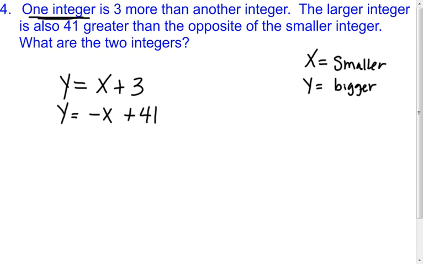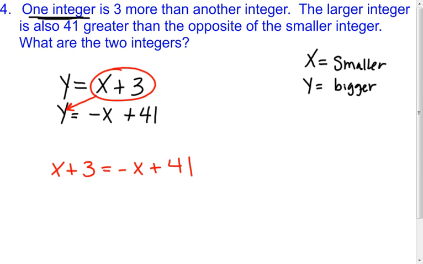Now, just because in the last one I solved it with elimination, I'm going to do this one with substitution. So I want one equation solved for either x or y. It doesn't matter. My top equation's already solved for y, so I'm going to take it. I will replace y in the bottom equation. So I will have x plus 3 equals negative x plus 41.